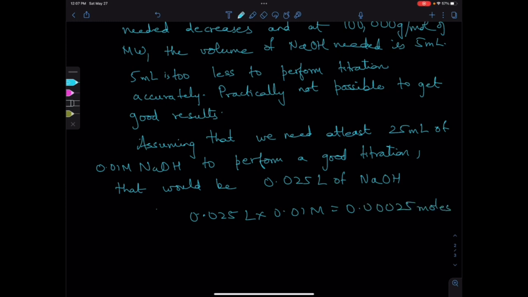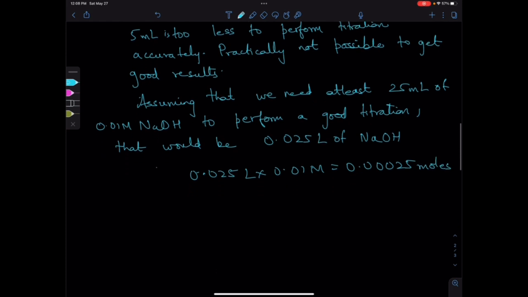So this is the moles of polyester that would be needed to titrate, and that would correspond, for a 5 gram polyester, to a molecular weight of 20,000 grams per mole.